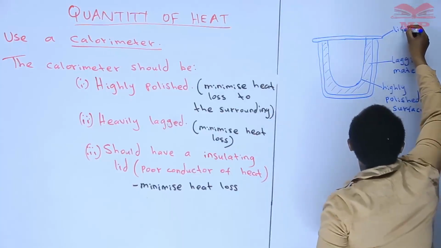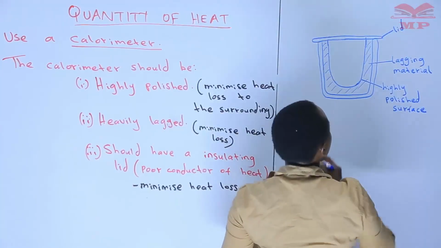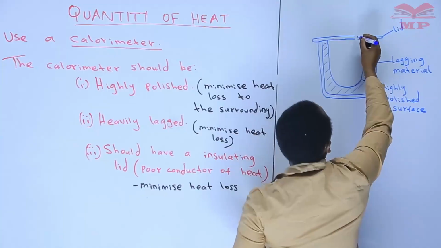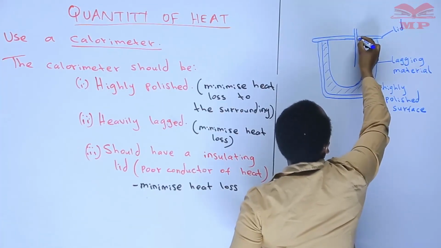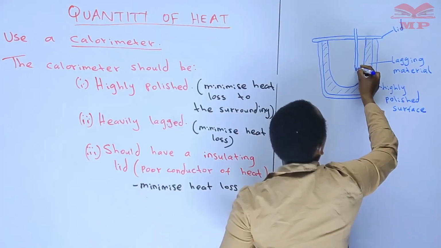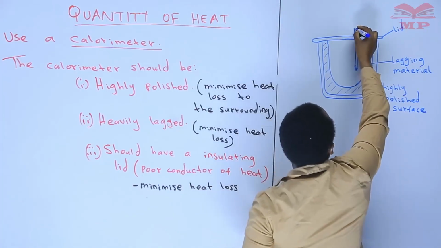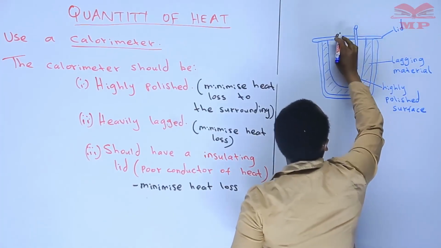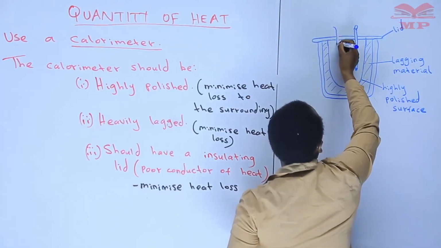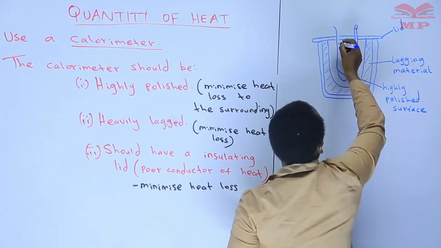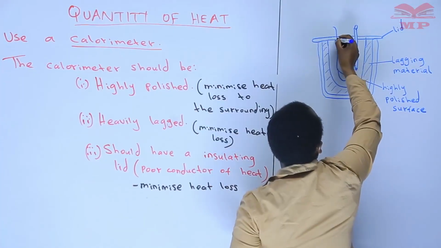This is the lint, and the lint has two openings, one for inserting the thermometer. This is our thermometer. And two, the lint has an opening for what we refer to as a stirrer. It is used to stir the content.